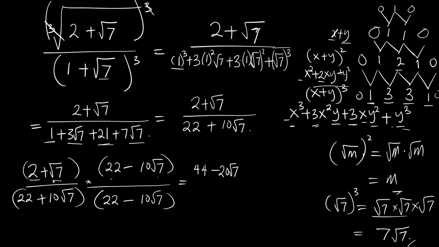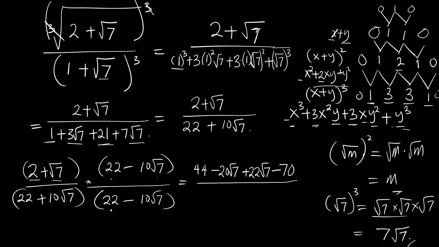So root 7 times 22, you have plus 22 root 7. Then the next one, plus root 7 times minus 10 root 7. You see, root 7 times root 7 will give you 7. 7 times 10 will give you minus 70.